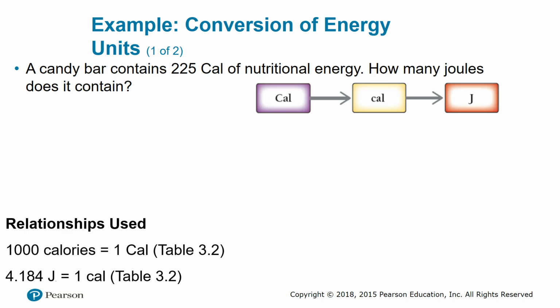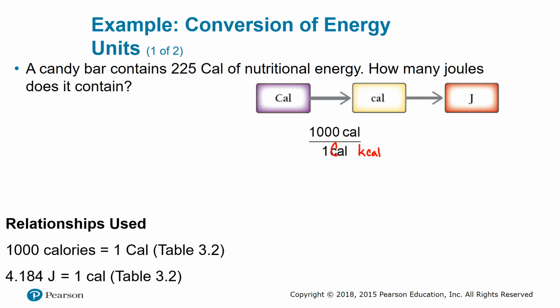So I'm going from capital C calories to lowercase c calories. That should be a capital C on the bottom. You'll find a lot of times I'll write that as kcal just because it makes more sense in my mind, because it is actually a kilocalorie.